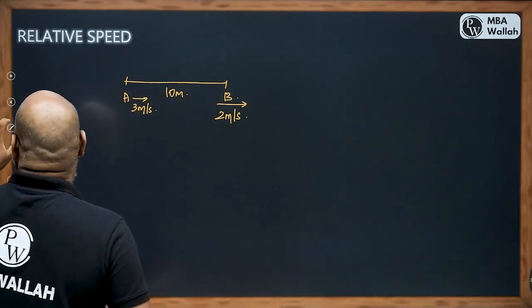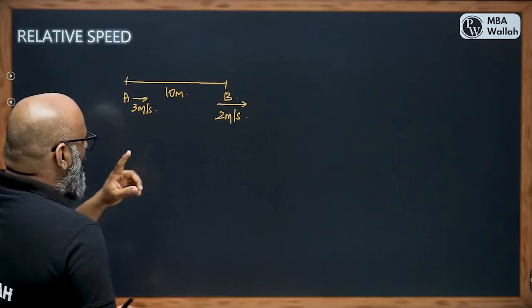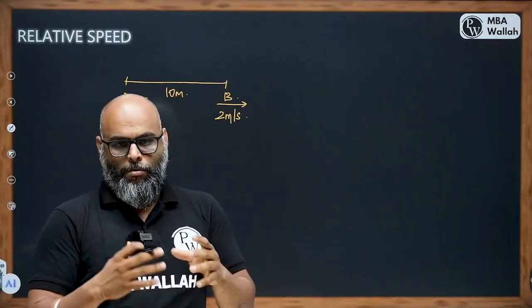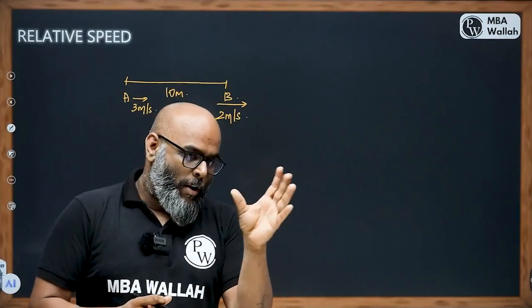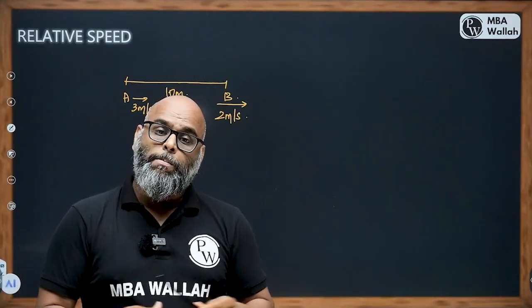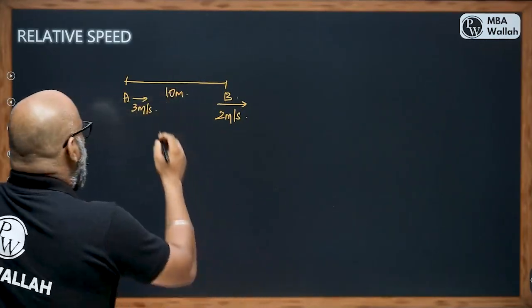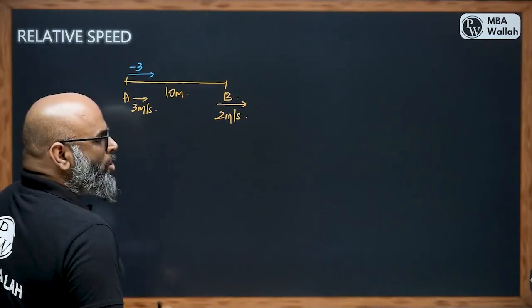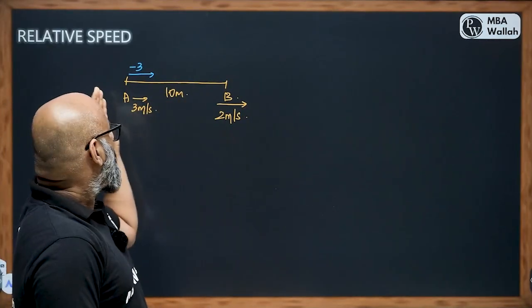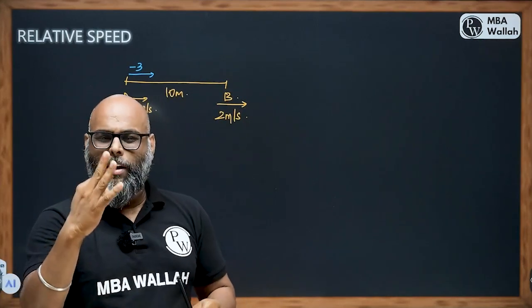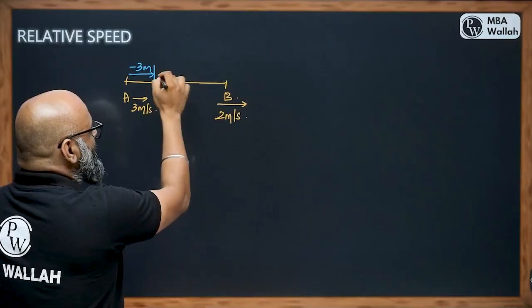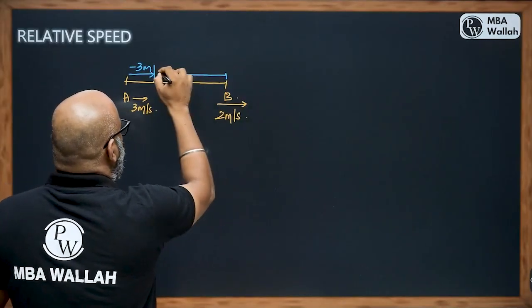So what I want to think is, in 1 second, if A alone had moved, what will be the distance between A and B then? In that 1 second, A would have traveled 3 meters. So the distance between them would have reduced by 3 meters. So the distance would have been 7 meters here, isn't it?